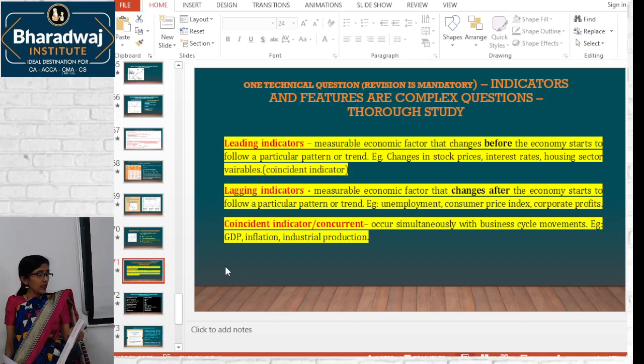A business cycle is also known as: option A, trade cycle; B, economic cycle; C, A and B; fourth one is none of the given.